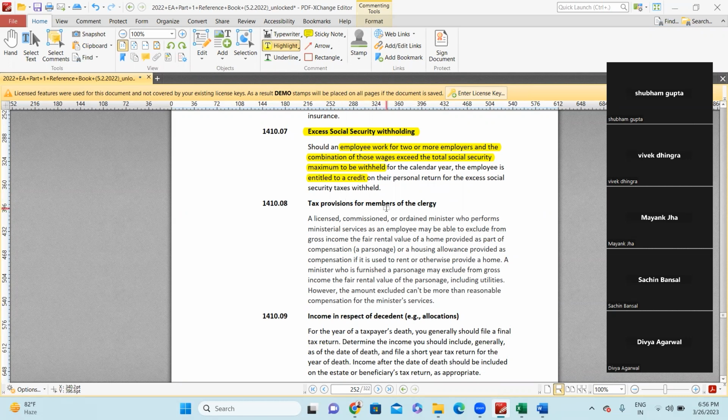Next one is the tax provision for members of clergy. Members of clergy are like members of parliament or ministers, or the people who work in the government machinery, right? In India, all the people who work at the ministerial level or at a senior level in the government get a house allowance or sometimes government houses to live in.